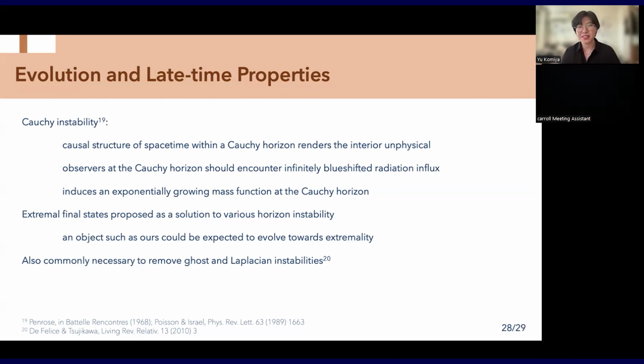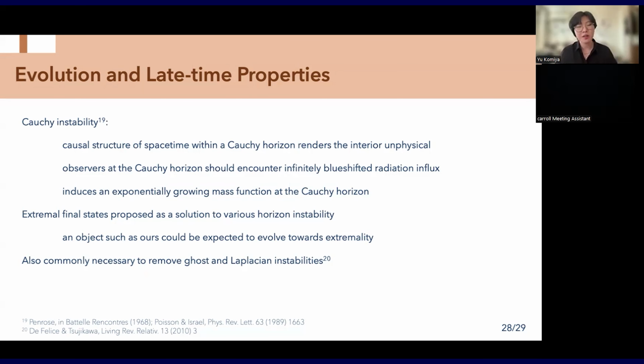And this invokes something that people call the Cauchy instability, which tells us that having a Cauchy horizon, which is the inner horizon in Reissner-Nordstrom black holes typically, means that there is going to be some sort of mass inflation instability at the horizon. The reason for this is if we imagine an observer sat on the horizon and everything becomes time evolving, and we imagine there's radiation incoming towards the Cauchy horizon, then what this observer actually sees is an infinite blue-shifted sheet of radiation, and that renders the interior of the Cauchy horizon unphysical, by something very similar to the cosmic censorship conjecture.